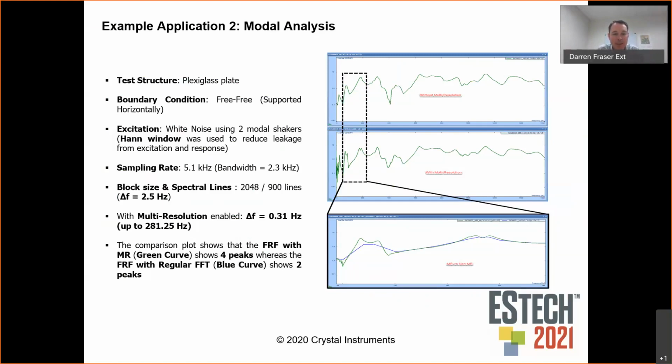Without multi-resolution, it's as if we're not even being able to ascertain what the plexiglass plate is really giving us in terms of the FFT, or in terms of the frequency response down at that level. And so that's why we wanted to draw this distinction. We won't go through, as we did before, the Q values, damping, and the differences in the phase, but we did want to draw a distinction with this highly damped structure and the 2 different FRFs that result from it, just graphically.